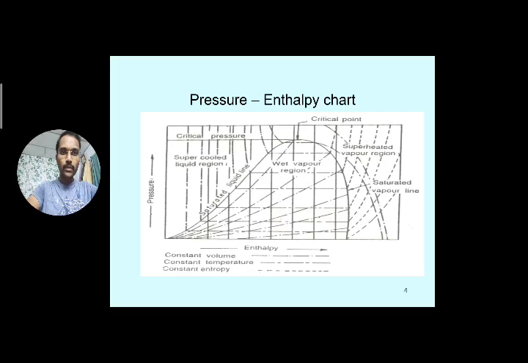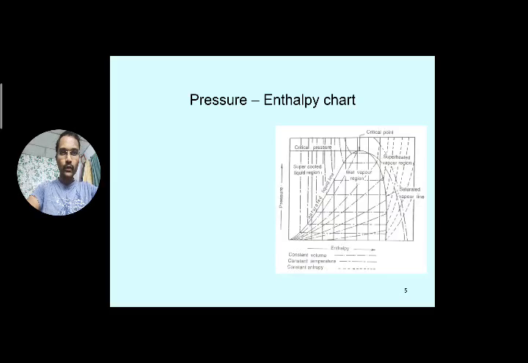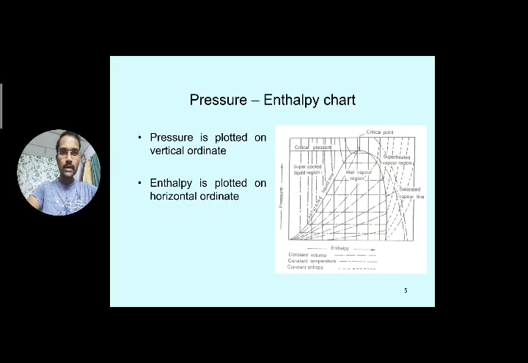Try to remember the pressure enthalpy chart, where the x-ordinate is enthalpy and on the y-ordinate we have taken the pressure values. The critical pressure is measured at a particular point, that is, at the critical point. So the discussed points are that pressure is plotted on the vertical ordinate and enthalpy is plotted on the horizontal ordinate.